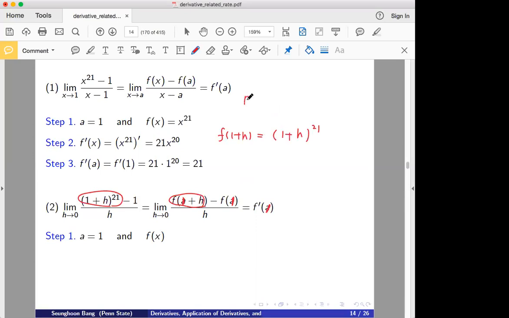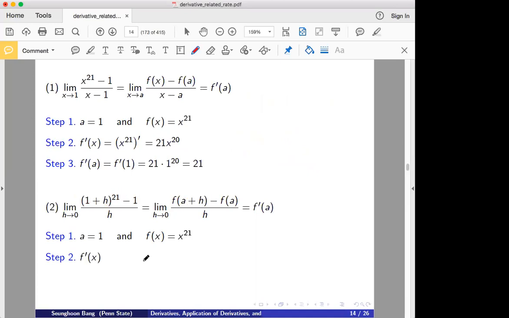You can replace 1 plus h by x. What does it mean? Replaced by x, we have x to the 21. This is the idea: f of x is x to the 21. Only replace a plus h by x.